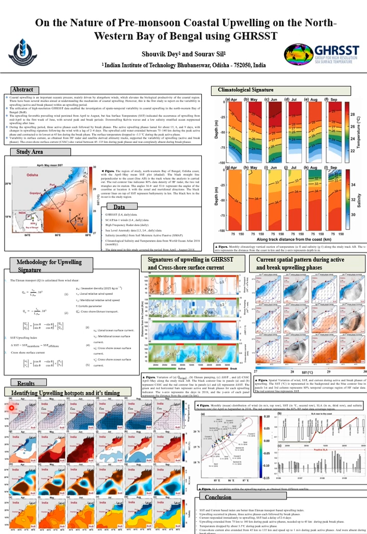We have used the positive cross-shore component of Ekman transport as the upwelling signature. For the upwelling signature from SST, we have used the difference of SST from nearshore to offshore perpendicular to the coast, and we have used cross-shore surface current as a signature of upwelling in surface current.